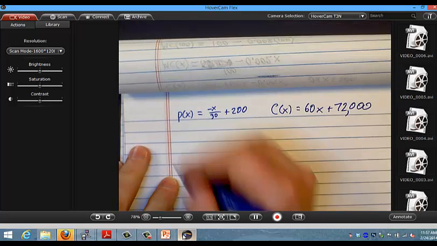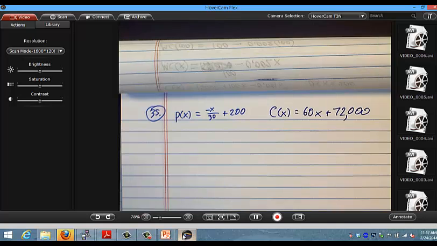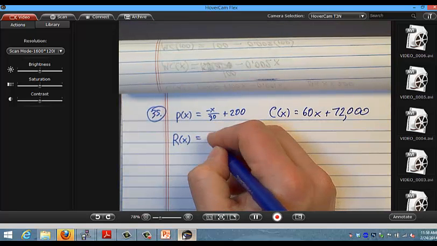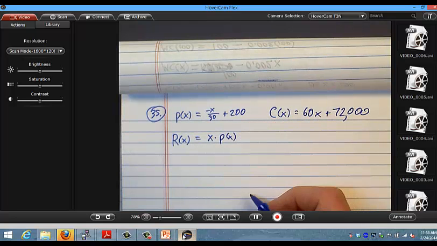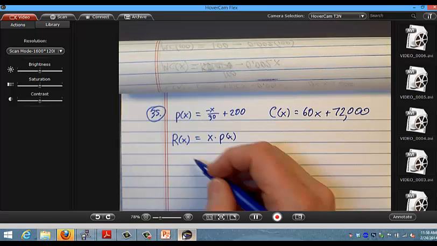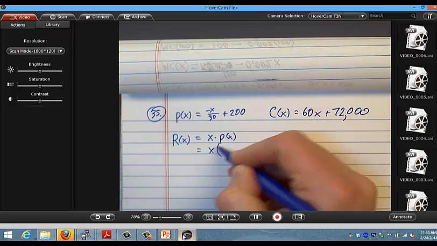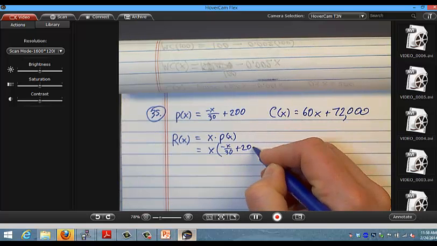Okay, again, this is problem 35. My revenue function is, we said, x times p of x. So it looks to me like my revenue function is x times, well, negative x over 30 plus 200.